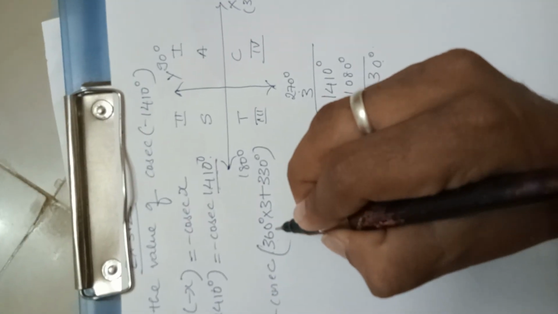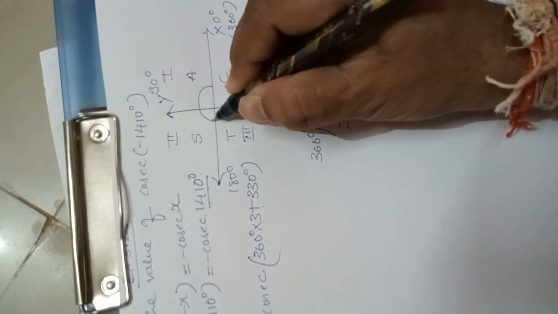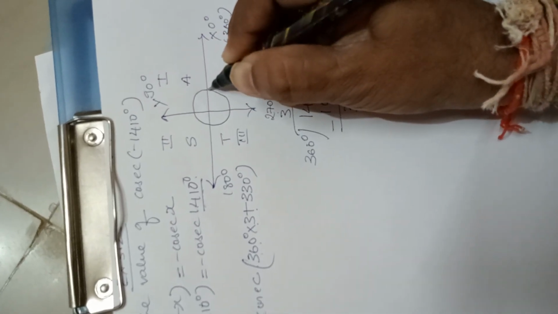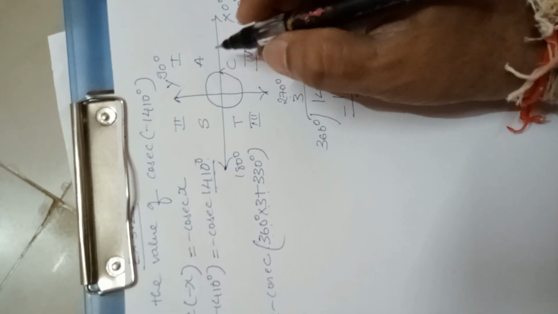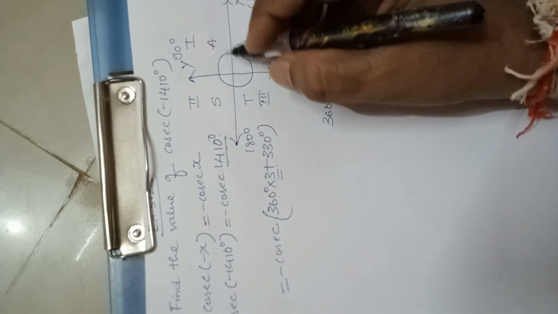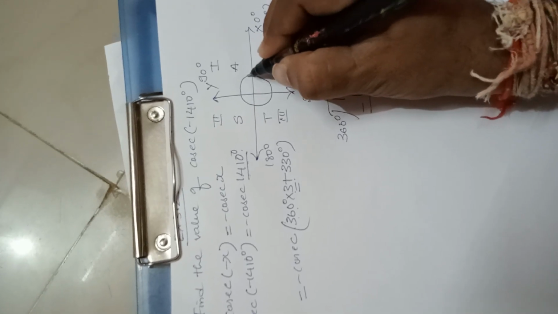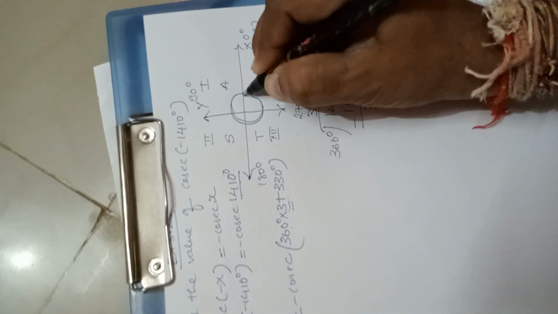Now what does 360 degrees into 3 mean? It means that we need to complete 3 rotations to come to this value of 1410 degrees. See, in the first rotation, from here to here, we complete an angle of 360 degrees.